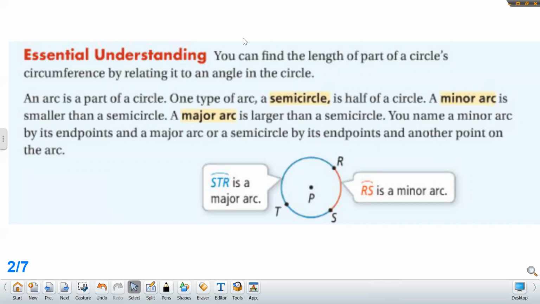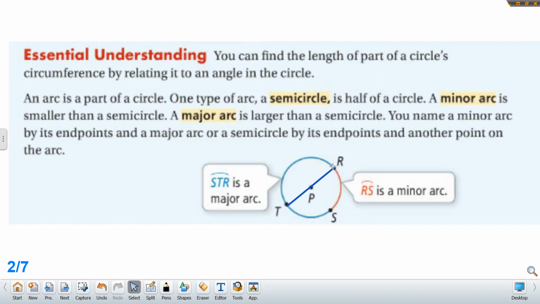The second, I have to determine where my semicircle is. A semicircle is any division of my circle. If I divide my circle with any two points on the circumference, those two points divide my circle into two equal parts.